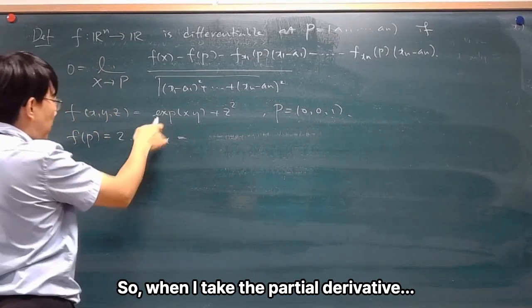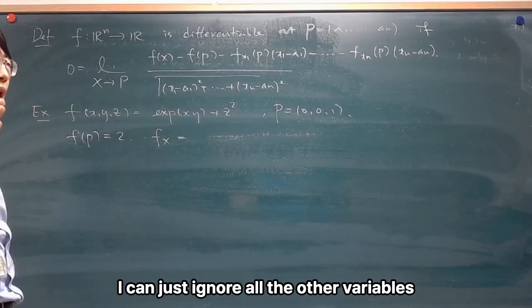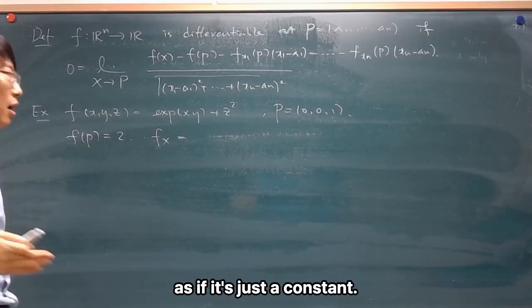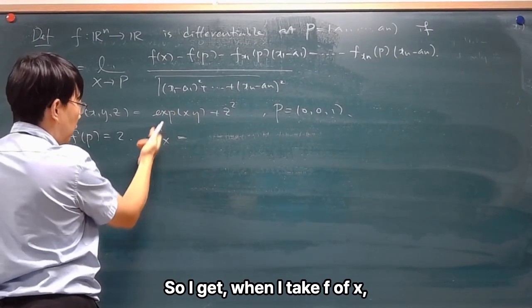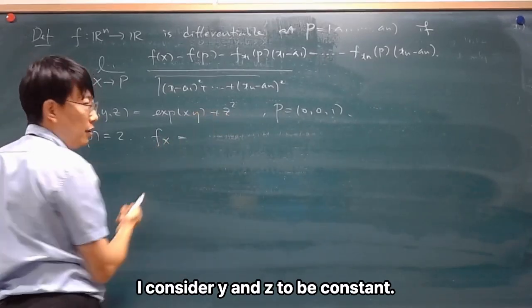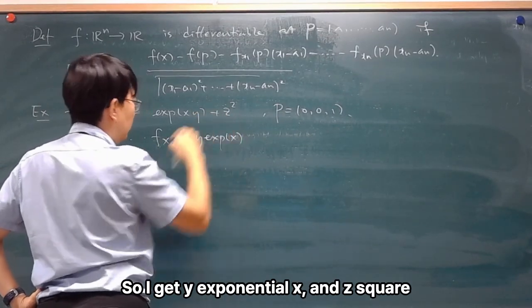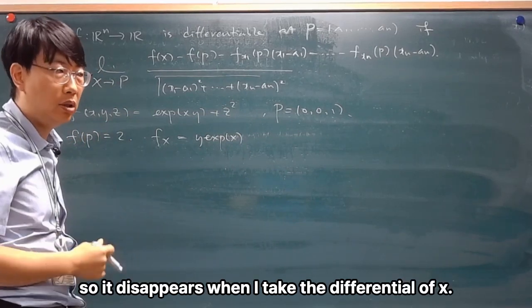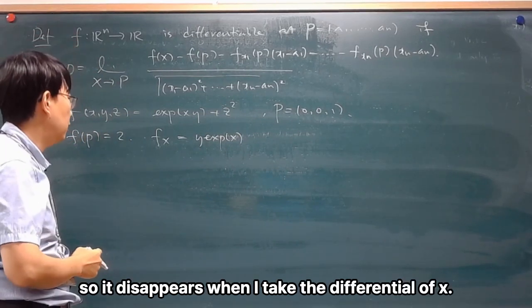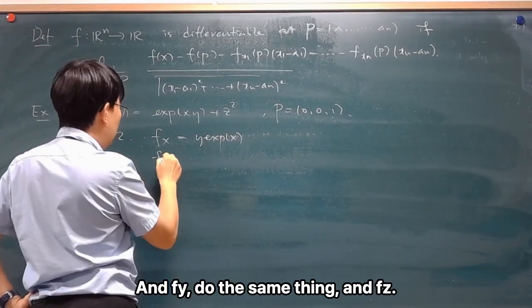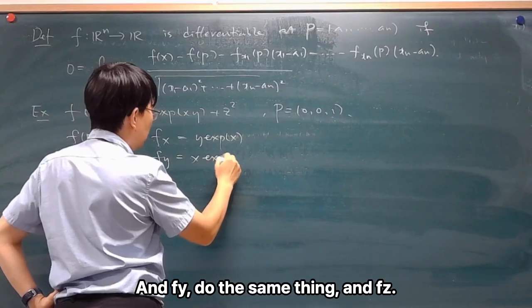When I take a partial derivative, I can just ignore all the other variables as if they were constants. So when I take f_x, I consider y and z to be constant. I get y e^(xy), and z squared is constant, so it disappears when I differentiate with respect to x. And f_y, do the same thing.